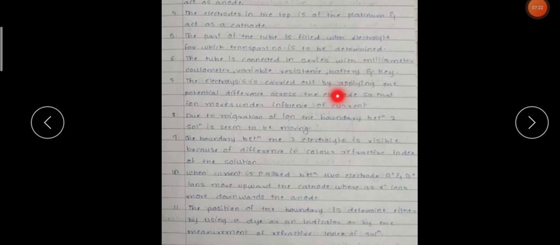When the current is passed between the two electrodes, A plus and B plus ions move upwards towards the cathode, whereas X minus ions move downwards towards the anode. The position of the boundary is determined either by using a dye or an indicator, or by the measurement of the refractive index of the solution.